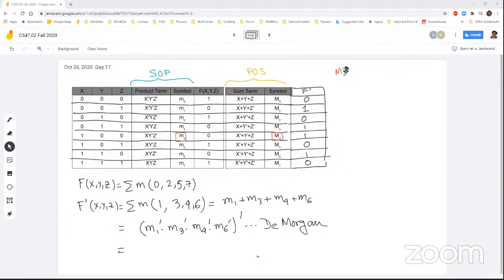M4 is X bar Y or Z, which by De Morgan I can write as X Y bar Z bar whole bar, which is nothing but M4 bar, right? So in general, we can say that any sum term Mn is the complement of the corresponding product, right? Are we good? Any questions so far?